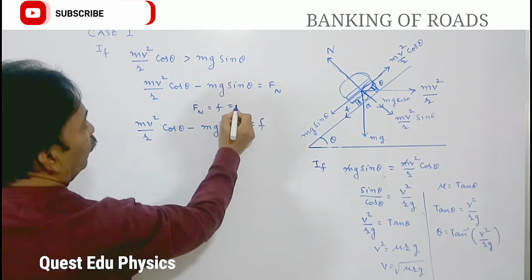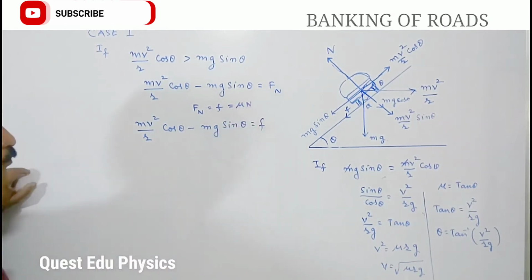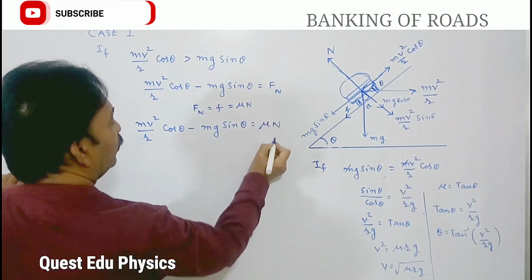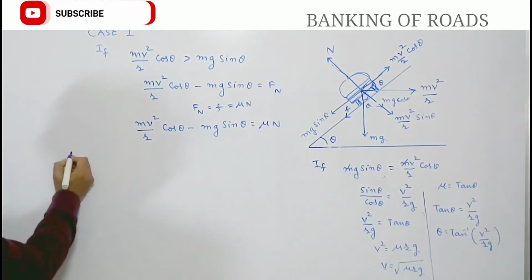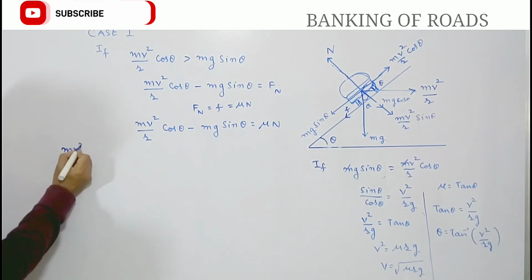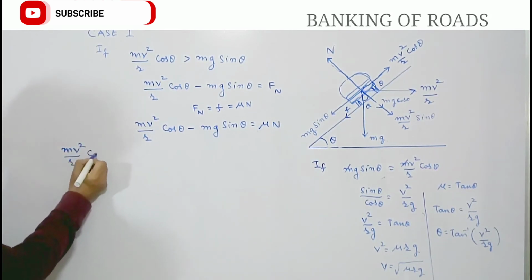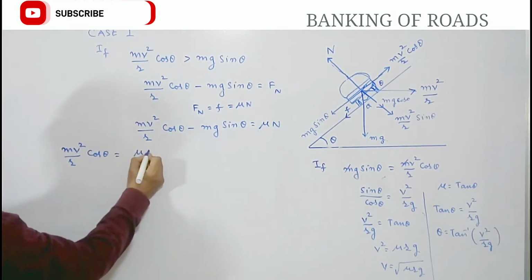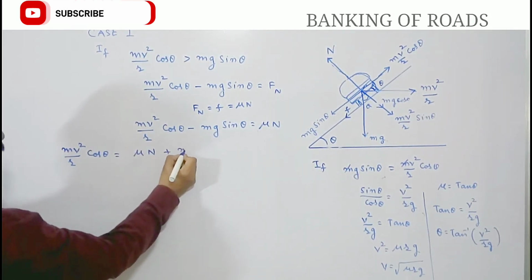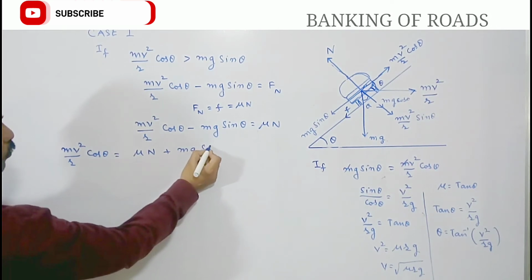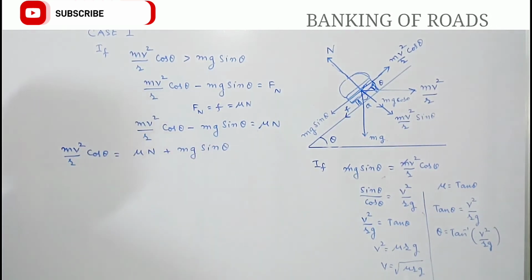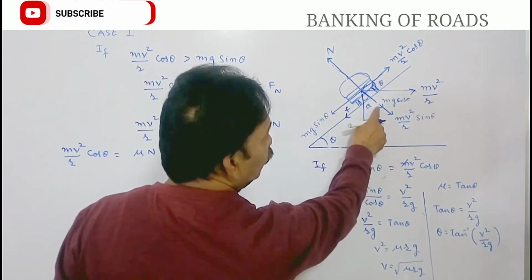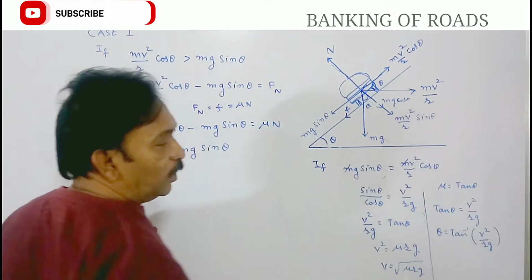As you know that frictional force is equal to mu n. I'm substituting the value here. Or you can write mv square by r cos theta is equal to mu n plus mg sin theta. But here, if you watch it, normal reaction n is equal to mg cos theta plus mv square by r sin theta.